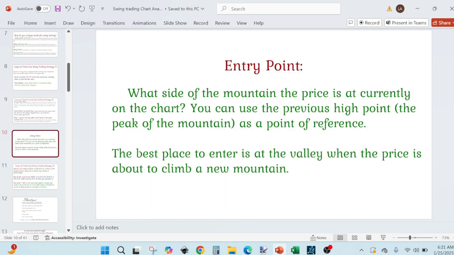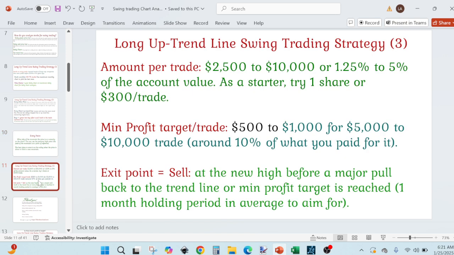And we talked about the entry point, and once you purchase some shares, you can start thinking about where to sell. Like we talked about, you can aim for 10% or a specific dollar amount, or the next high, depending on the type of stock you are trading. If you create new highs often, you can target the next one.